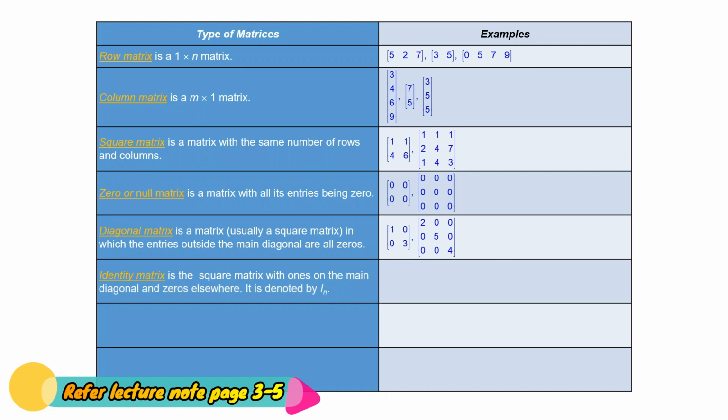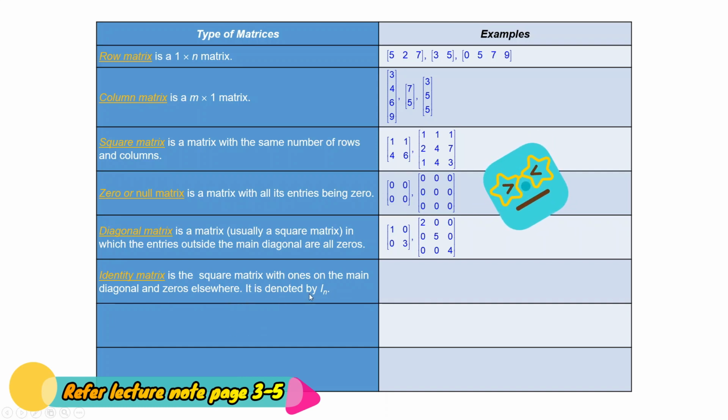Then we have the identity matrix. An identity matrix is a square matrix in which all the entries on the main diagonal are 1 and the rest are 0.